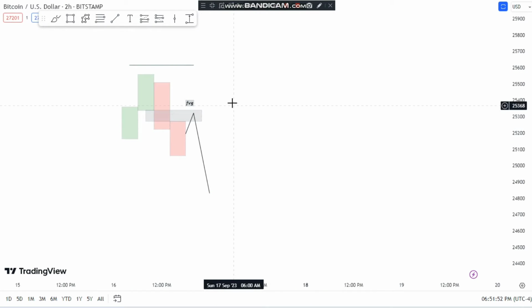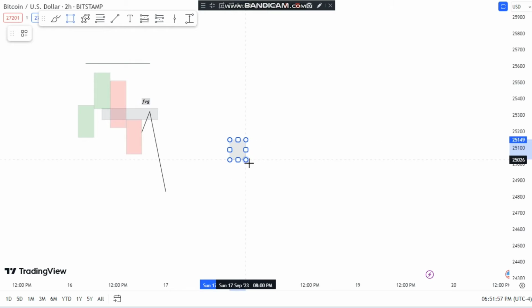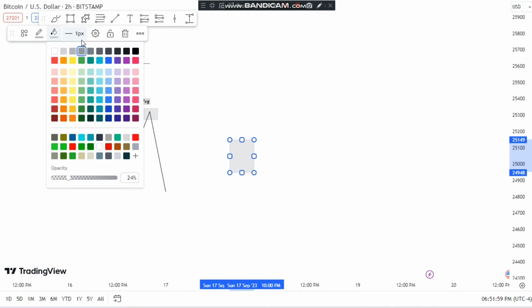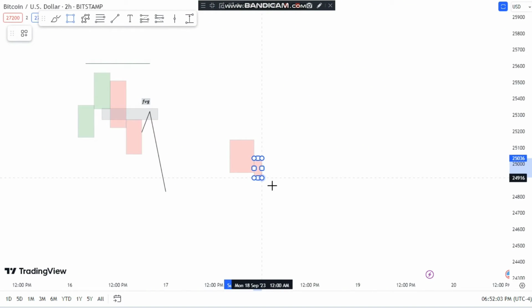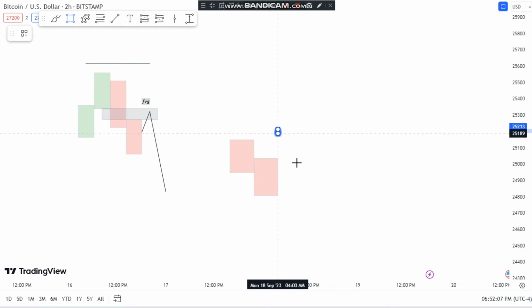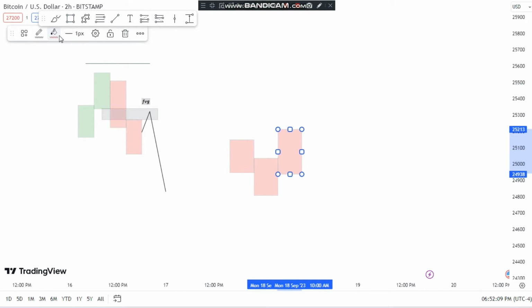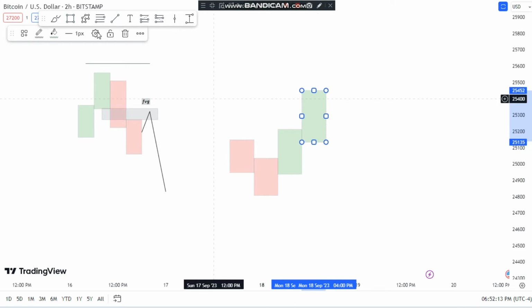So they short the market here, and then there are bullish order blocks in which you get down closing candles like this, red candles. This is a 2 hour candle, another 2 hour candle, and then you get an up closing candle like this. Okay, a green candle. Okay, then another candle. So what happened?